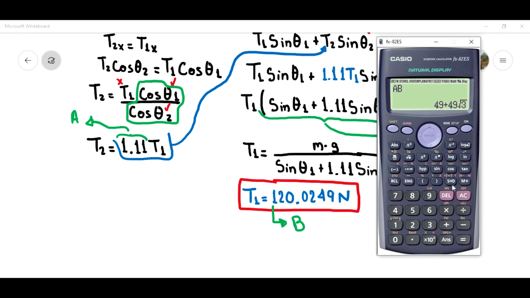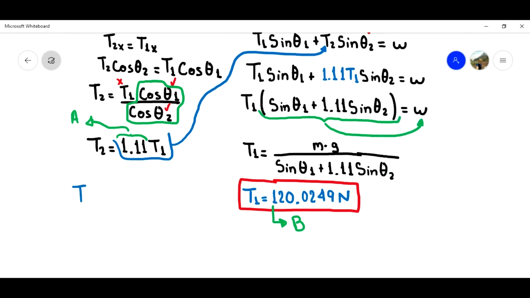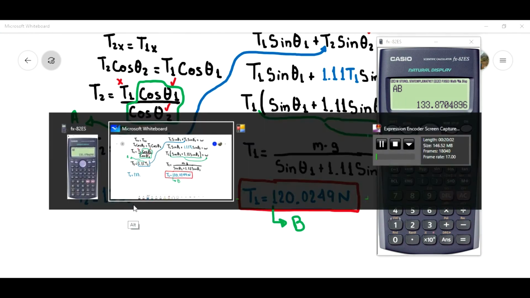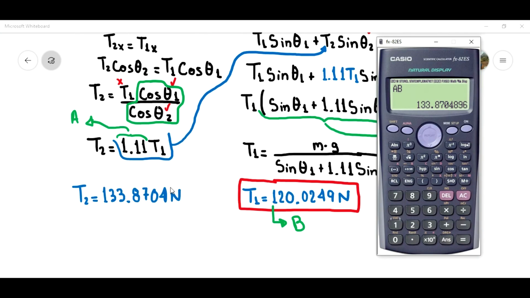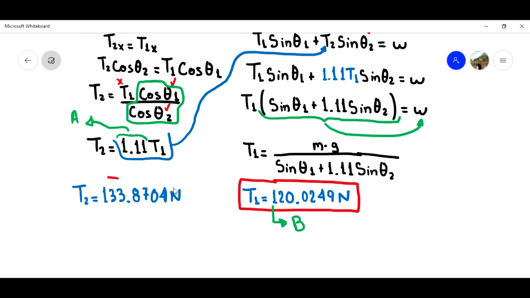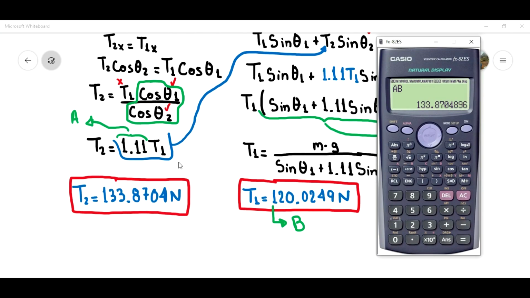I press this key over here, SD, and that is the value of tension 2, and that's the one that I'm going to write. Tension 2 equals 133.8704. Remember that this is newtons, and that is the answer of this problem.